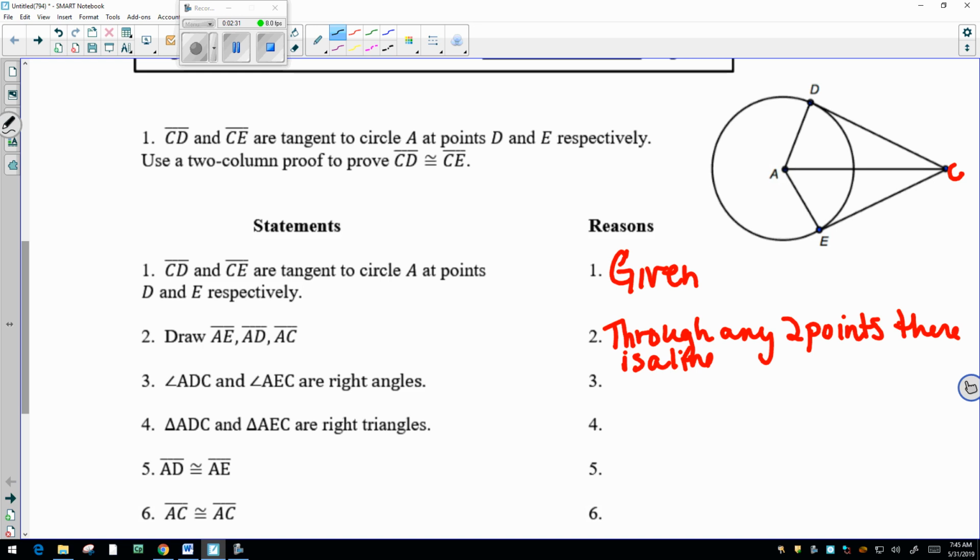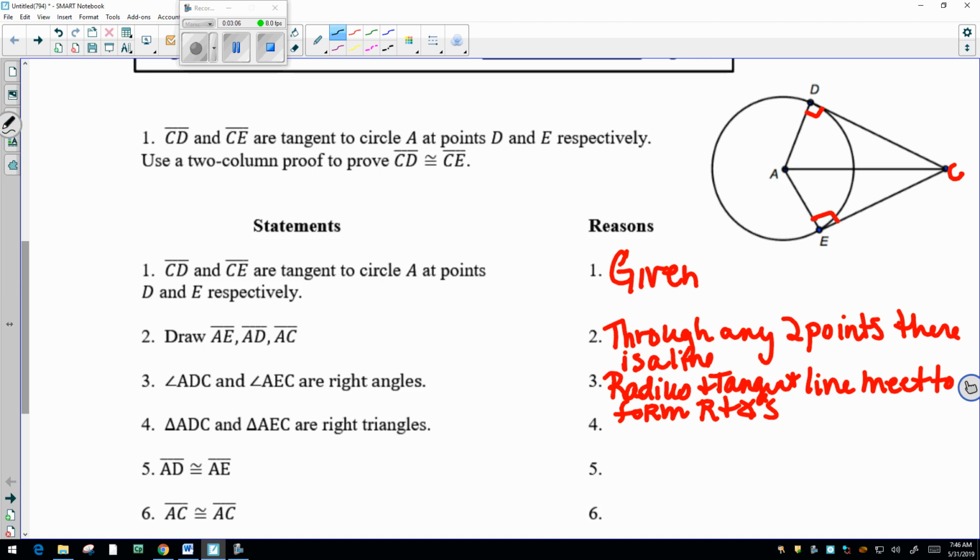So now it's saying ADC and AEC are right angles. So ADC is here, AEC is here, and it's saying that they're right angles. Well, I'm taking a look. I have a radius and a tangent line, and they are meeting at those points D and E. So I can say, for my explanation, a radius and a tangent will meet to form right angles.